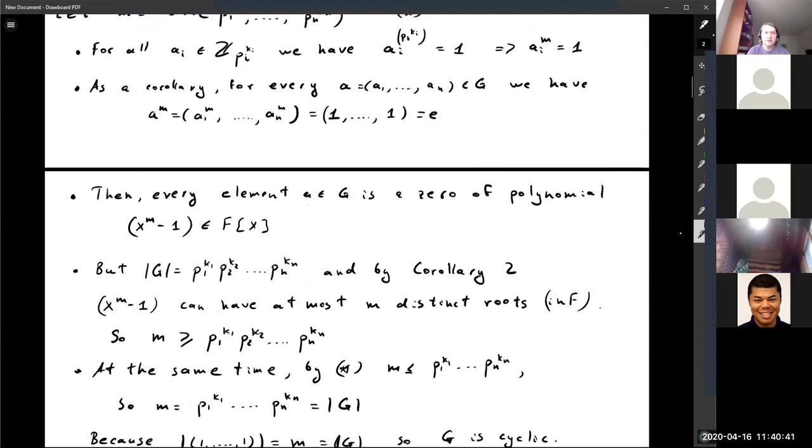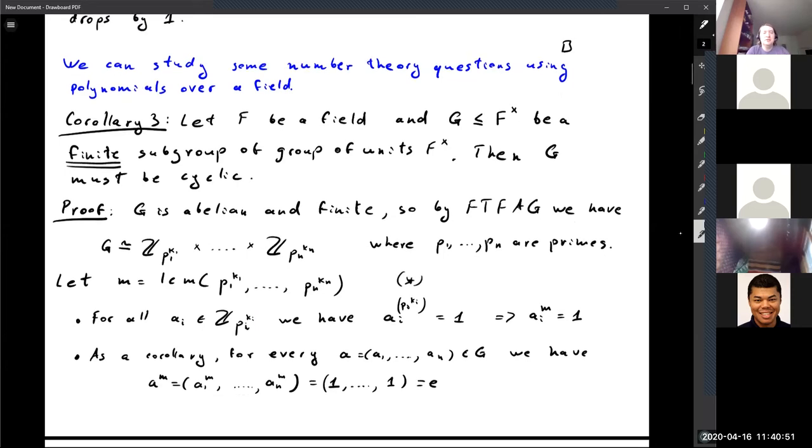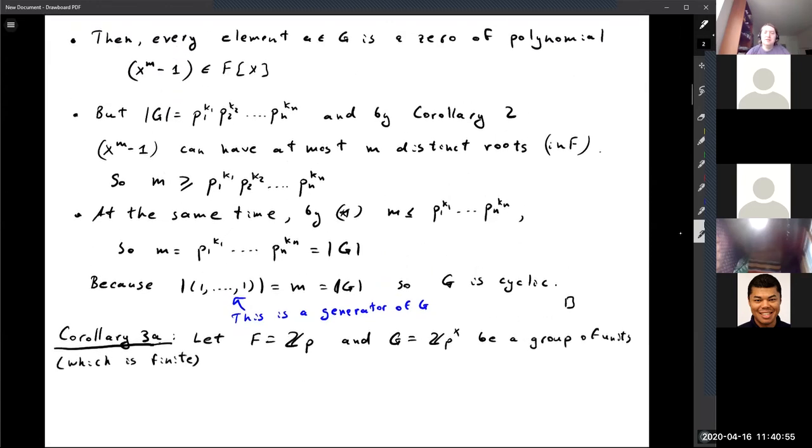And let me stress that it was very important for this corollary that we consider a finite subgroup of a group of units. But when we have a finite field, we don't have any problems with that, right? Because the entire group of units is finite, then ZP cross is isomorphic to the cyclic group of order p minus 1.